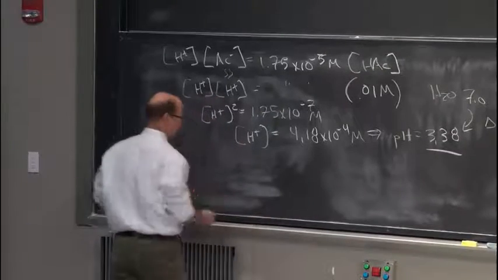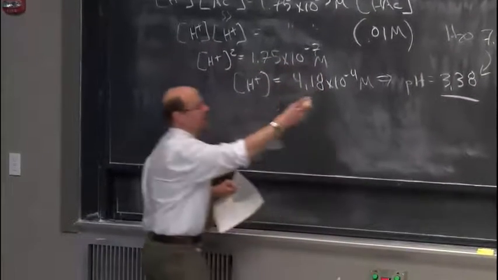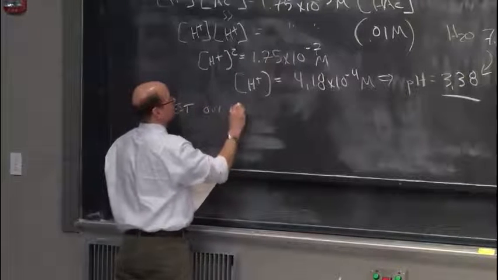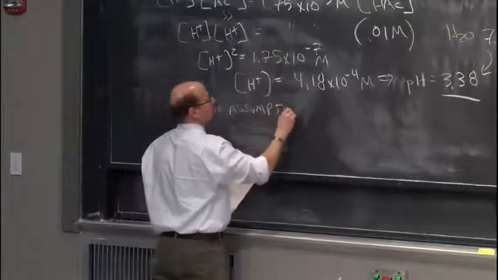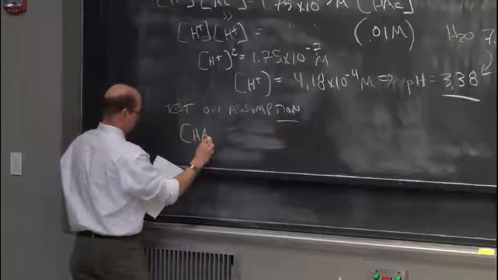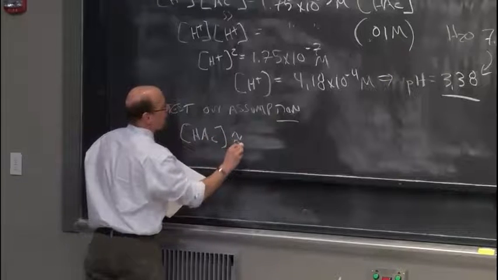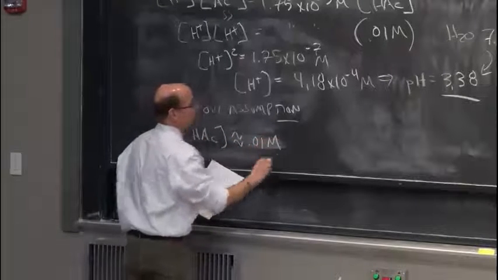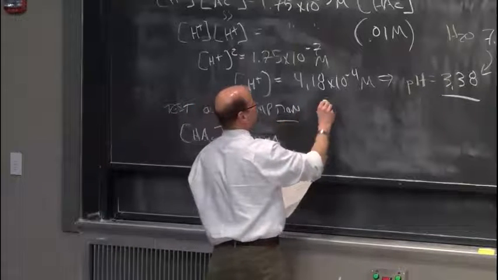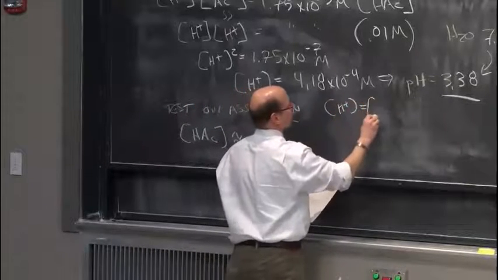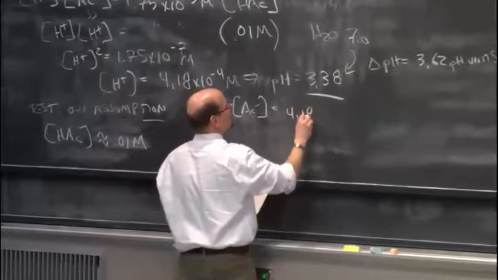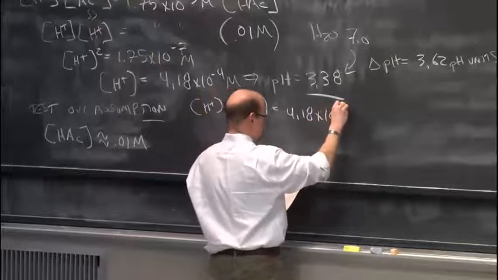Okay? Now, let's test our assumption. Was it fair to make these assumptions that we did? Let's see. We said at the beginning that the concentration of acetic acid in the end was going to be about equal to what we started with, which was about 0.01 molar. Now we know from this that the concentration of protons is equal to the concentration of acetate anions, which is equal to 4.18 times 10 to the minus 4 molar.